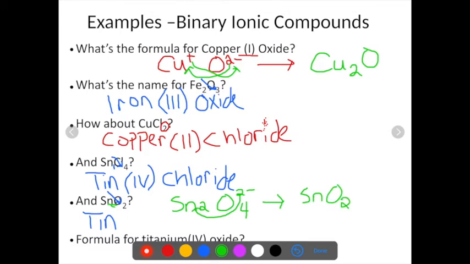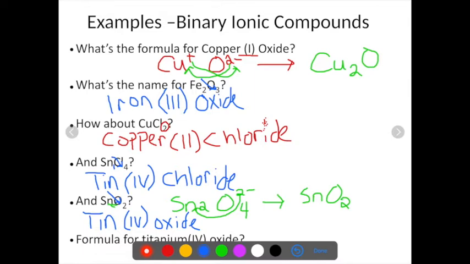So it's actually tin(IV) oxide. So you have to be careful with that one. So that happens with tin and lead mostly. There are other ones that can happen, but mostly what you'll see is tin and lead because they have that +4 ion.